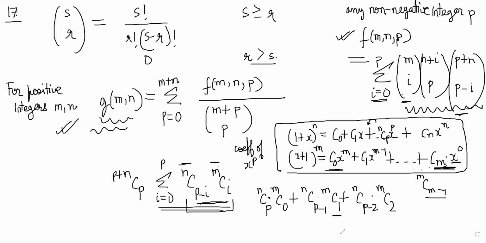How did I get the idea that this is the coefficient in this product? Because I noticed that when I do this summation, the top subscript is adding up, and the top part is not even changing. m plus n is fixed, right? And also the bottom part, even though the terms are varying, it adds up to p always.